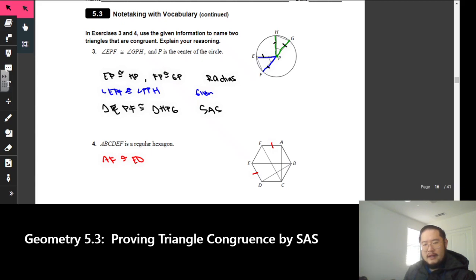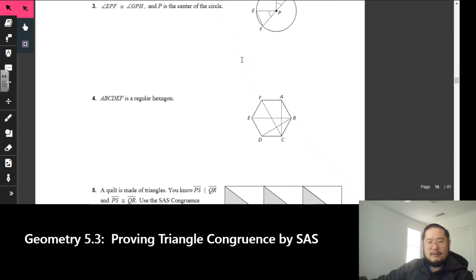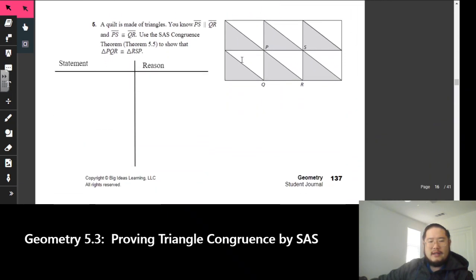And we have that B to D and C to A will be congruent. I'd say this one's probably not the best one to explain. I take a look at this and I don't like question number 4, so we'll go ahead and move along from there. But one thing to remember, in a regular hexagon, all sides and all angles in the interior and the exterior should be congruent. Let's take a look at the last one, number 5.